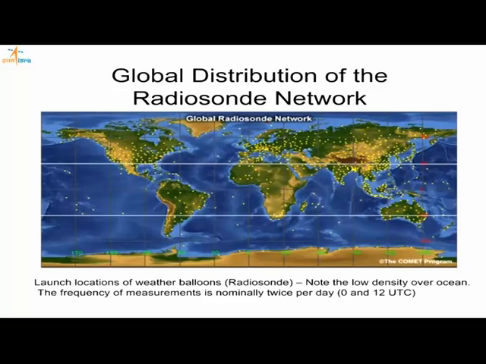Forecasters need information over the entire globe, including oceanic regions, because the weather over India is affected vastly by the moisture which is coming from the ocean. In the monsoon season, we get a lot of moisture from the Arabian Sea, that is the monsoon current.